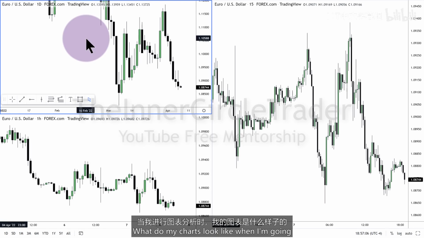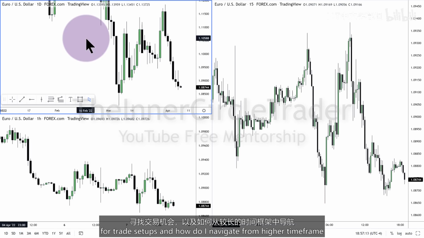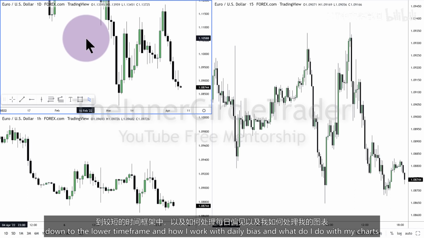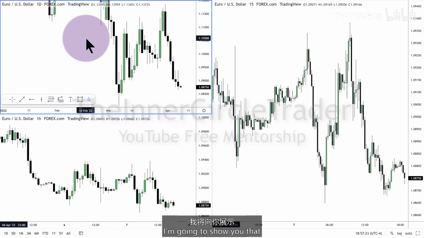What do my charts look like when I'm going through the motions of looking for trade setups, and how do I navigate from higher time frame down to the lower time frame, and how do I work with daily bias, and what do I do with my charts to streamline the analysis from high time frame to low time frame? I'm going to show you that in this lesson here.